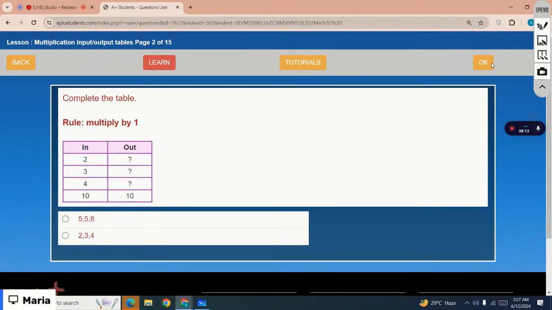The next one is multiply by 4. Multiply by 1. So which values are missing? Which is the correct option?